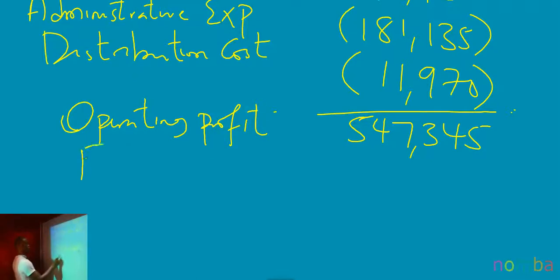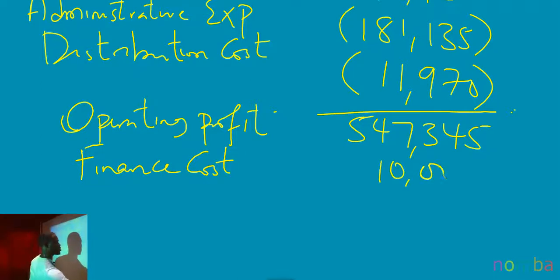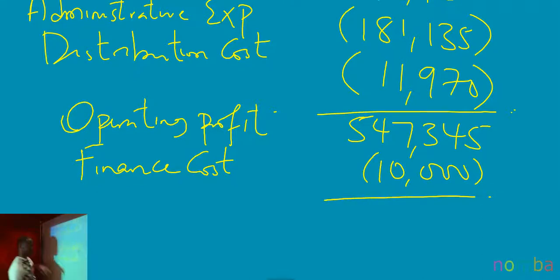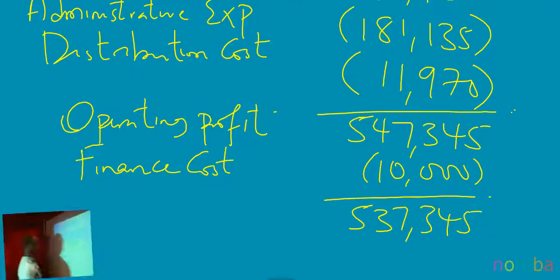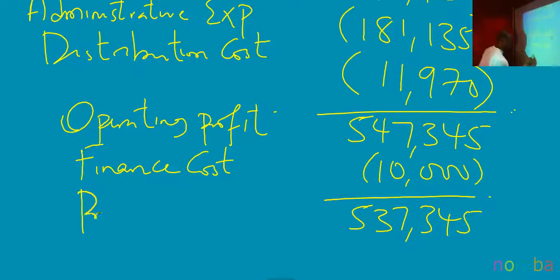Then if I deduct my finance costs, which is 10,000, that will give me 537,345, which will be my profit before tax.